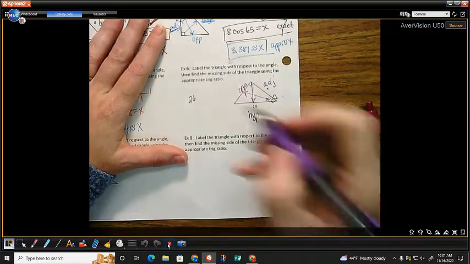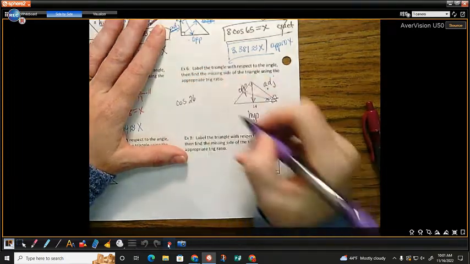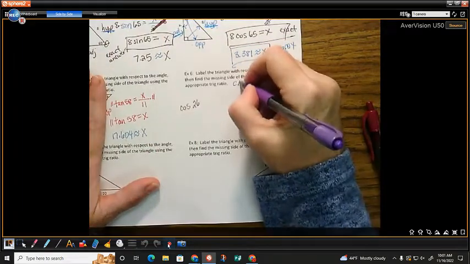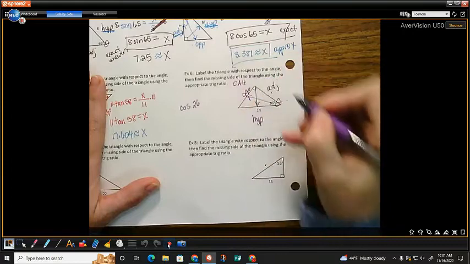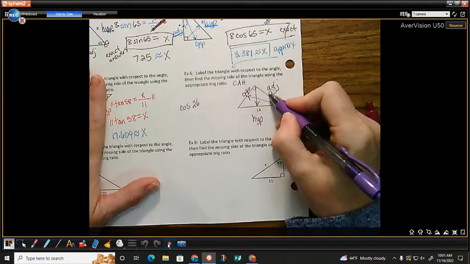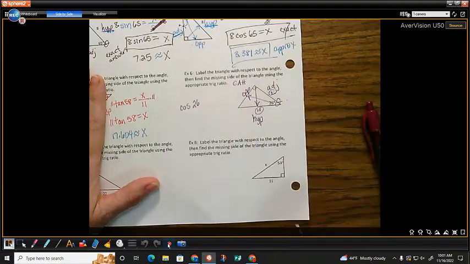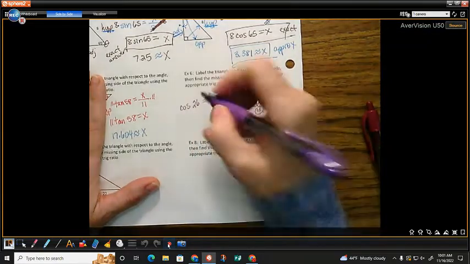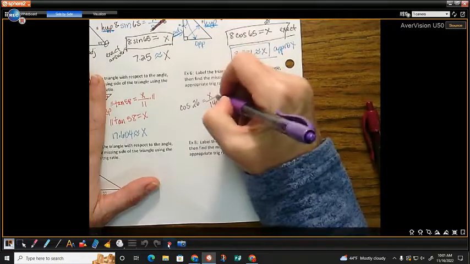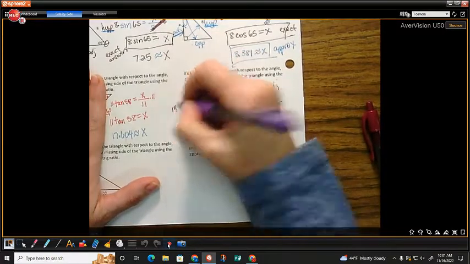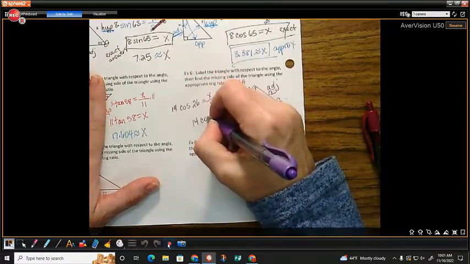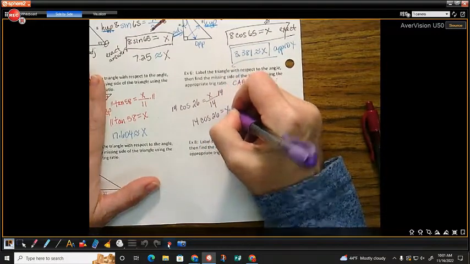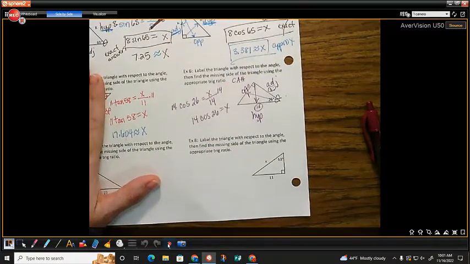What did you use? You did cosine? Let's see. Cosine is the one that uses adjacent and hypotenuse. Oh, look, that's my adjacent. Yep, I can use that. And so cosine of 26 is going to equal x over 14. And then I'm assuming you multiplied both sides by 14 and got that 14 times the cosine of 26 equals x.